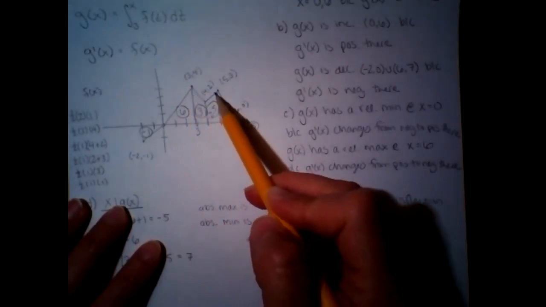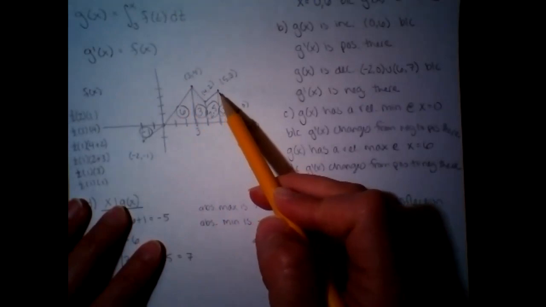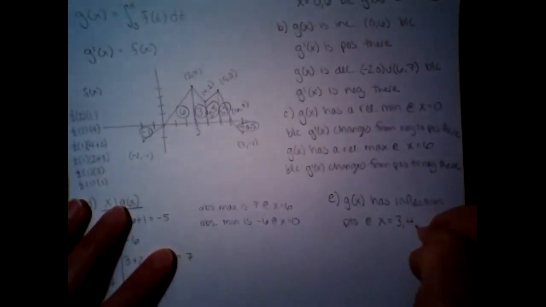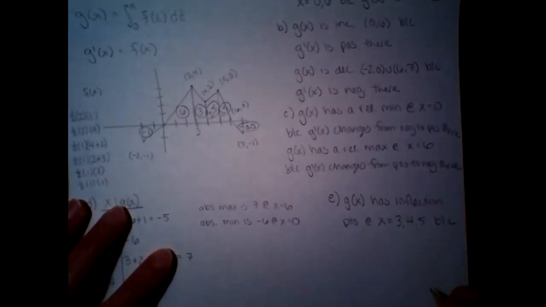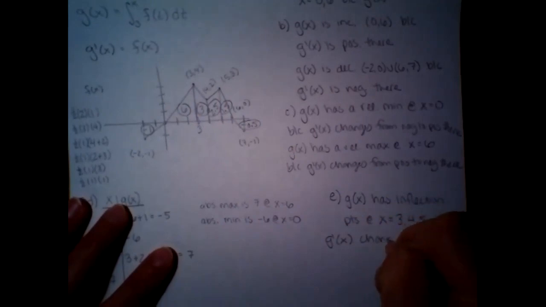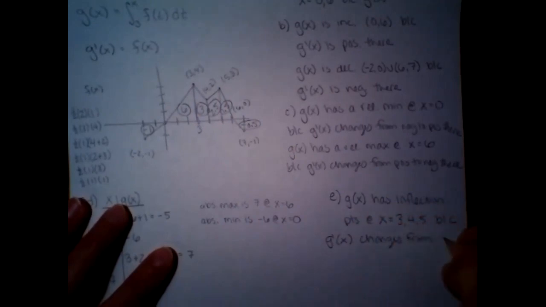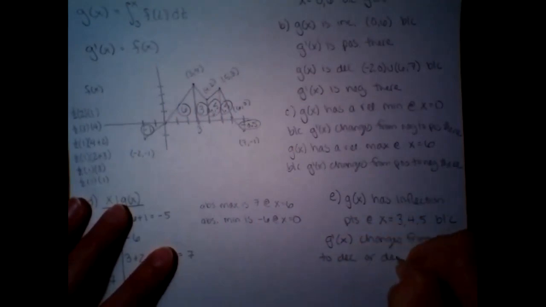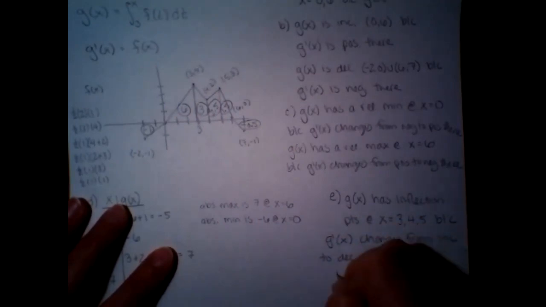We change from decreasing to increasing. And then we have another one at 5. Graph turns around again. So inflection points at 3, 4, and 5 because g prime changes from increasing to decreasing or decreasing to increasing there.